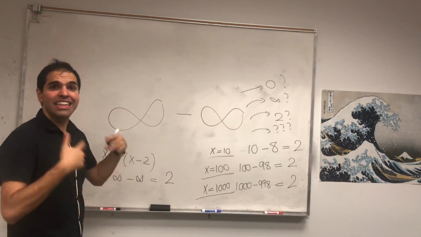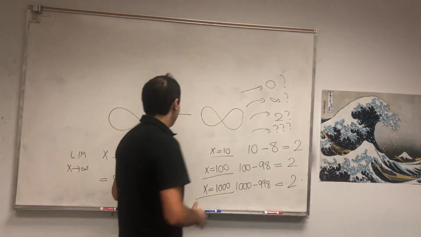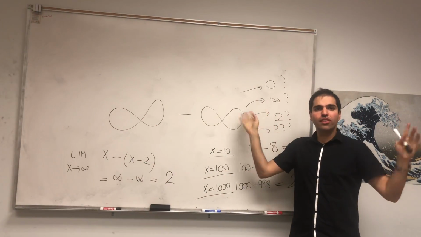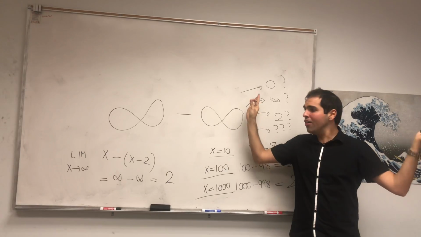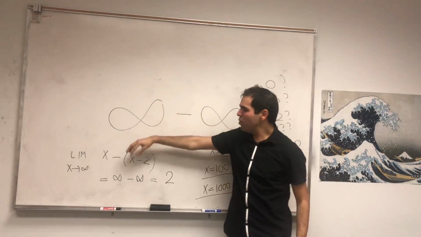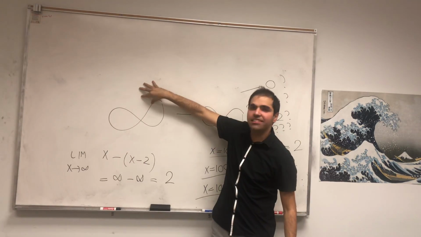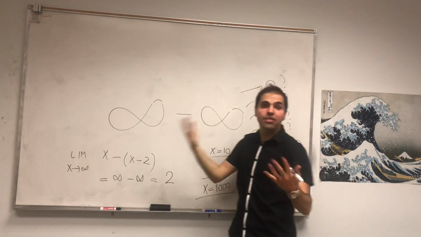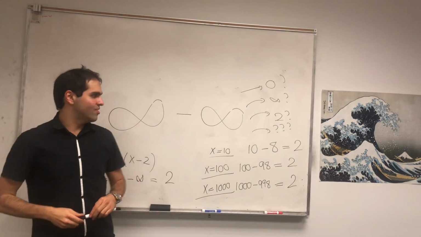It's what's called an indeterminate form. If I just give you infinity minus infinity, just those two things, the answer is we don't know. We need more information. We need to know precisely how big this infinity is and how big this infinity is to figure out what the answer is.